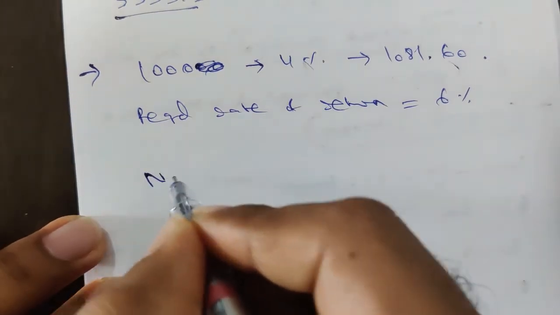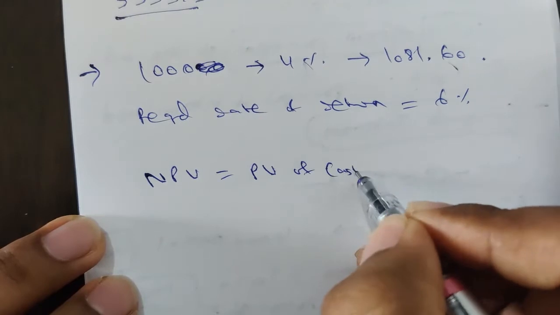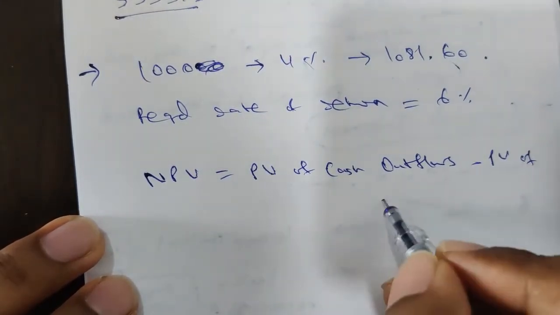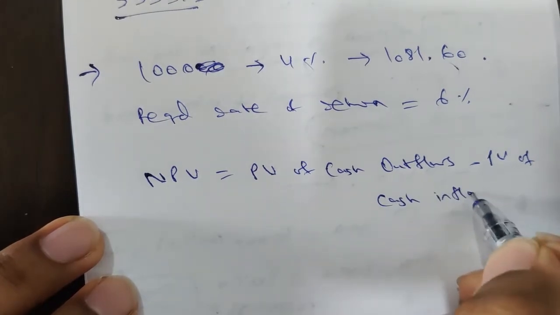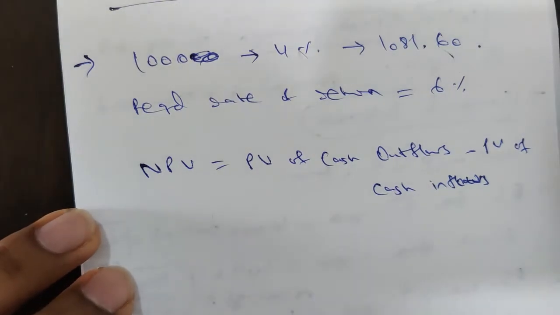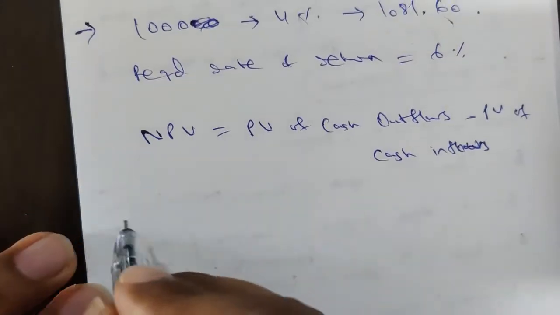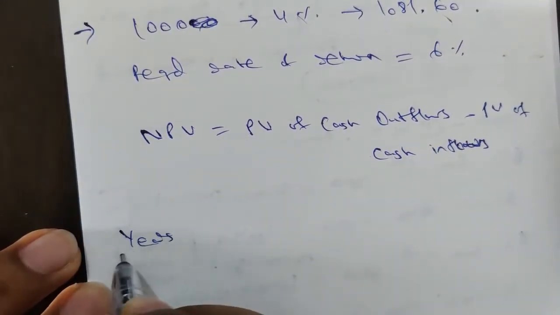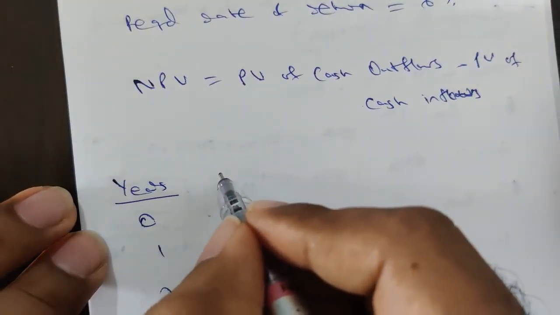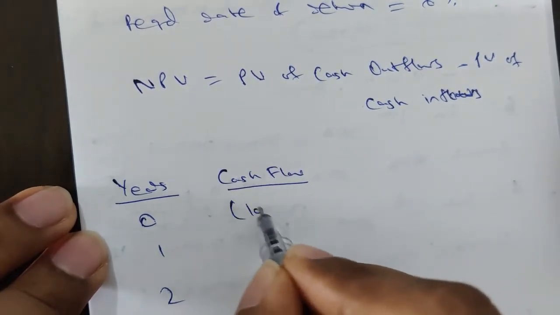So what is your NPV? NPV is nothing but your present value of cash inflows minus present value of cash outflows. Let's take it year 0, 1, 2. Your cash flow: 1000 you are investing today.